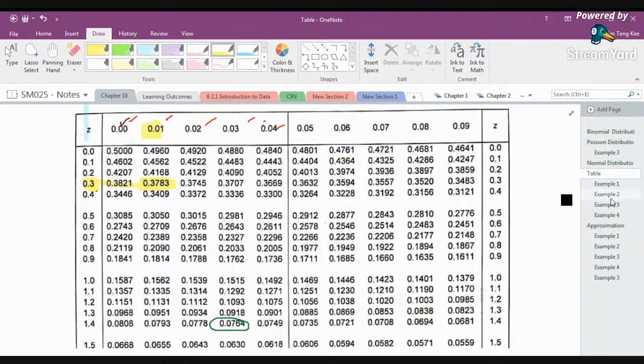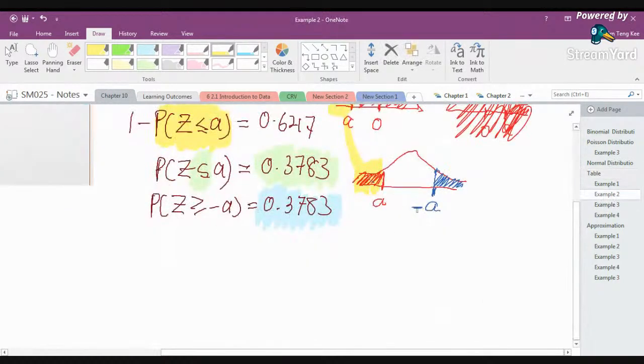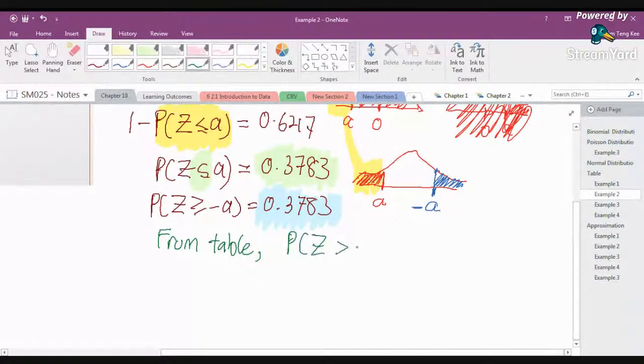So therefore from there, we can come to the result to say that from the table, we happen to find out that P(Z ≥ 0.31) = 0.3783.